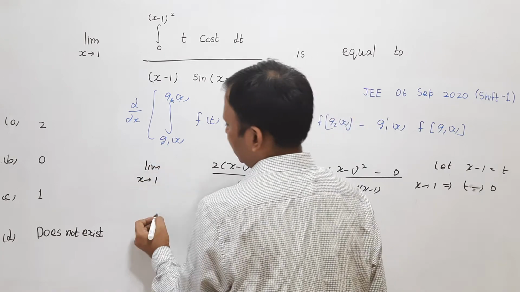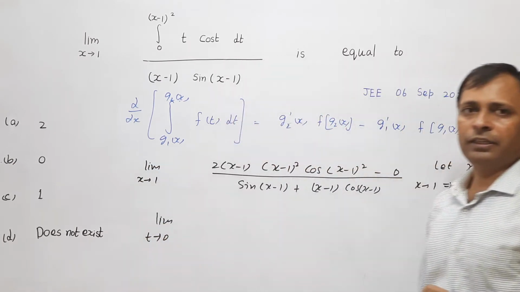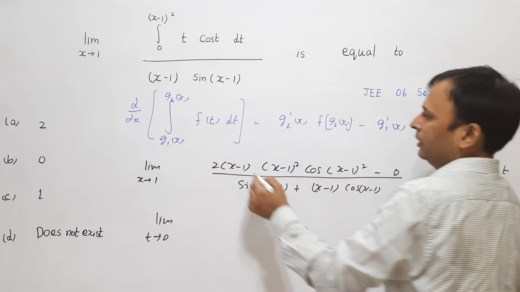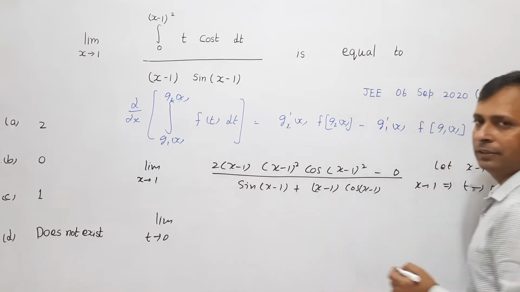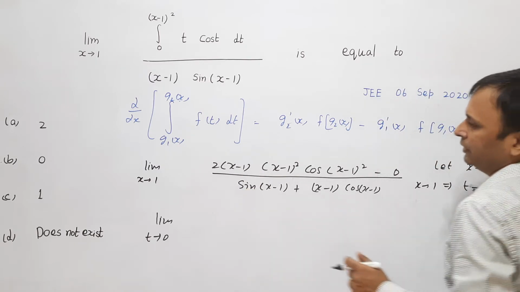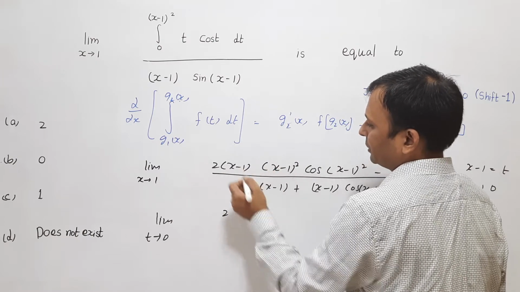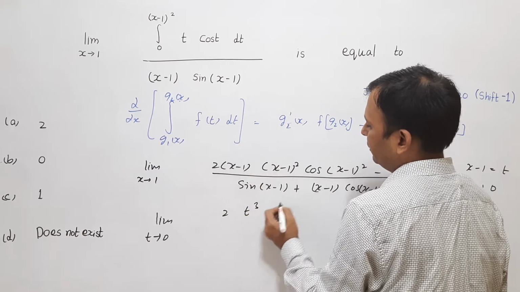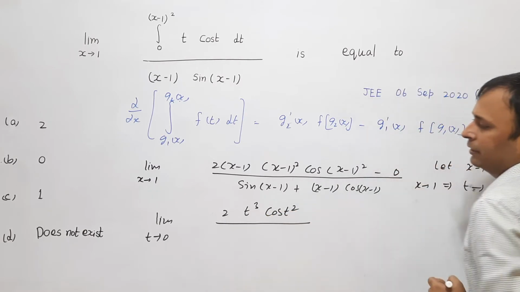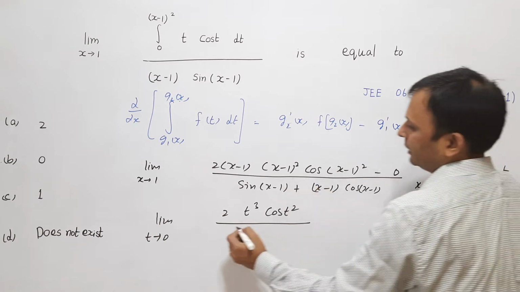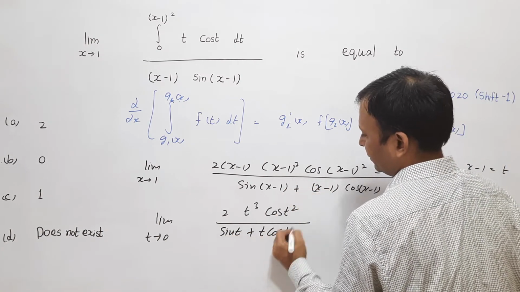So here this limit will change because of the change in variable, so we will write limit t approaching 0. Wherever there is x minus 1, I write t, so this becomes (x minus 1) whole square into (x minus 1), which is t cube, multiplied by cos of t square, and in the denominator I get sine of t plus t times cos of t.